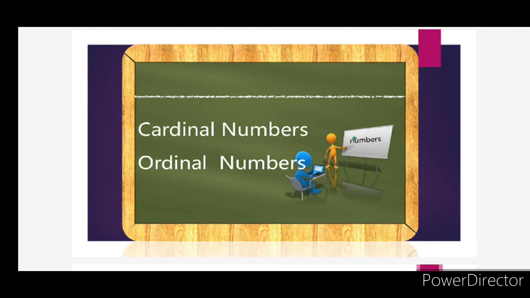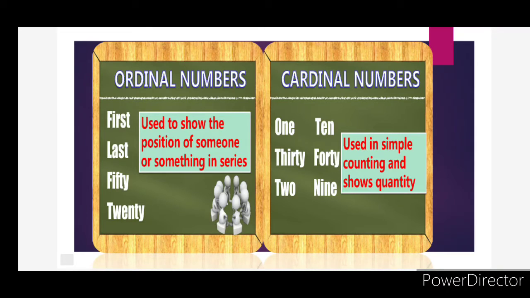Numbers: cardinal numbers and ordinal numbers. Ordinal numbers are used to show the position of someone or something in a series. For example, first, last, 50th, 20th.